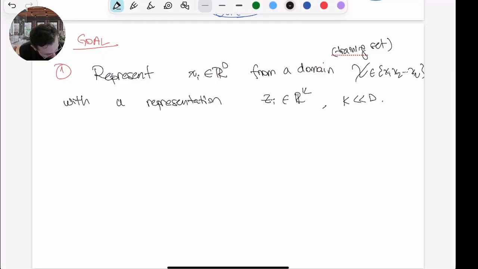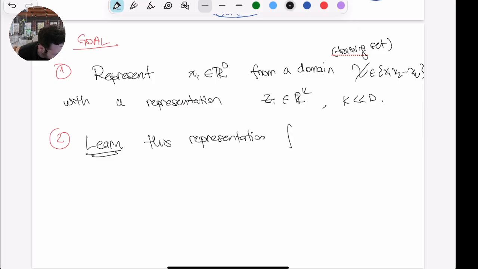And 2. Okay, so the next thing I would like to have, obviously I would like to learn, and this is important, learn this representation from data, because there exist some representations that have nothing to do with the data.